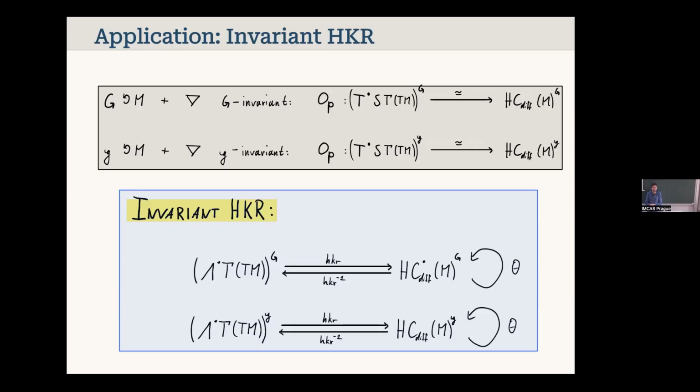And this is actually something new that came out of this, because the cohomology of the invariant differential Hochschild complex was only known, as far as we knew, for actions of compact Lie groups, or maybe, I think also for proper actions.